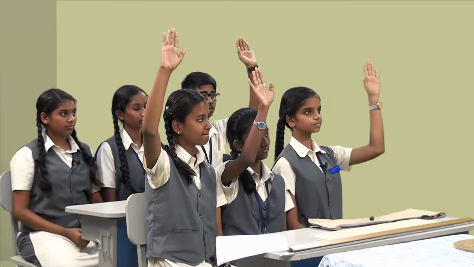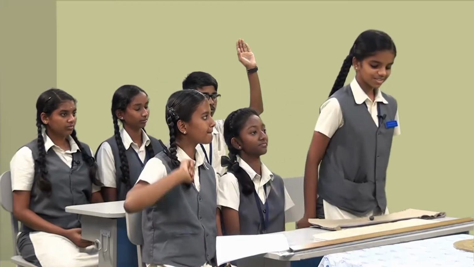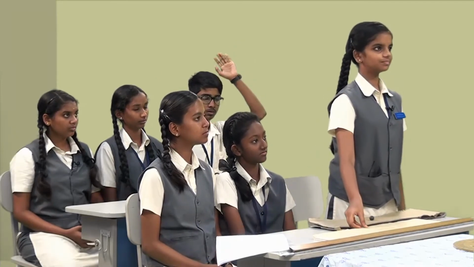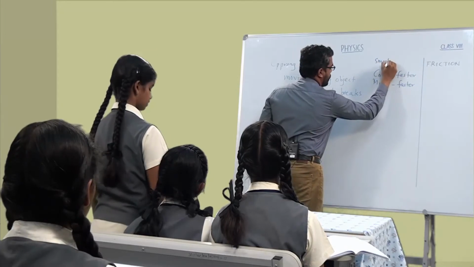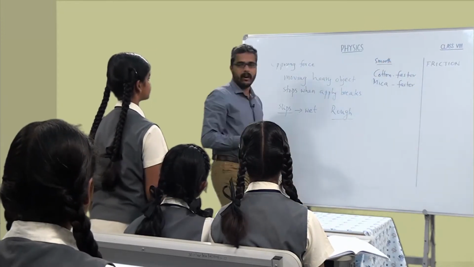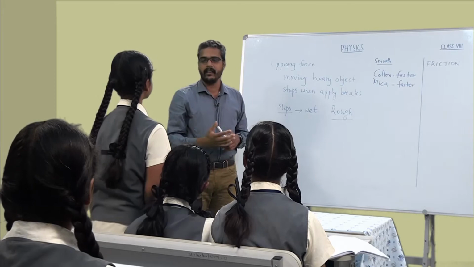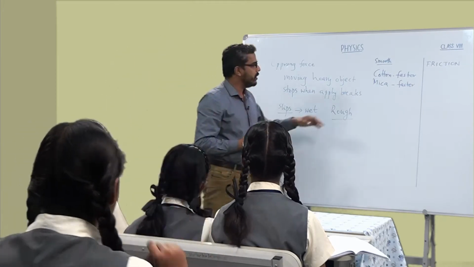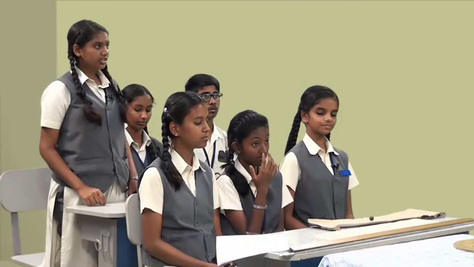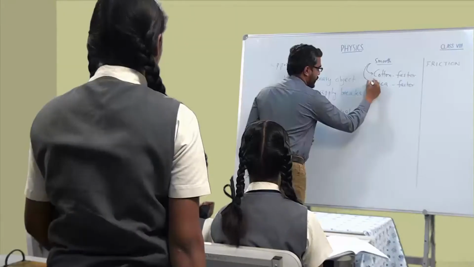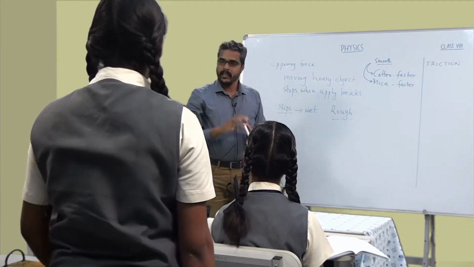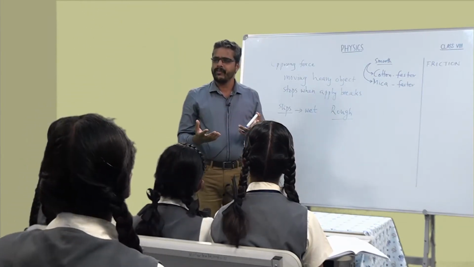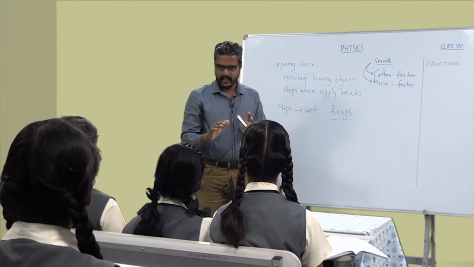Sir, because the cotton surface is smoother than the cardboard surface. Very good. In group 2, sir, the mica surface is smoother than the thermocol surface. Thank you. So what can you infer from this? We have done an activity.